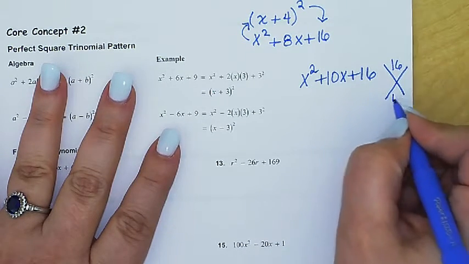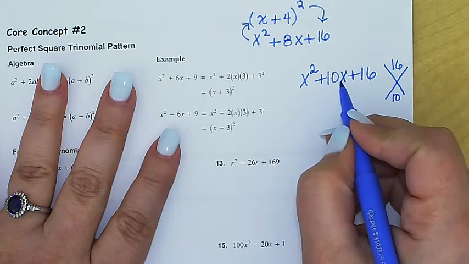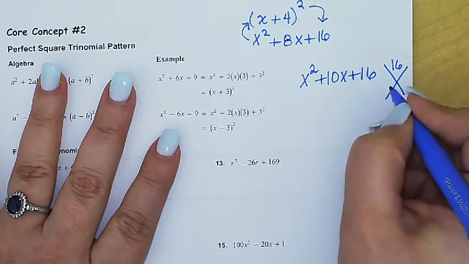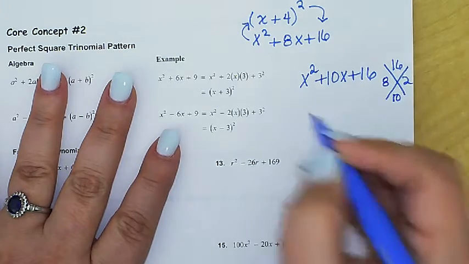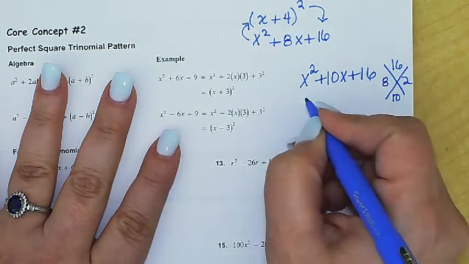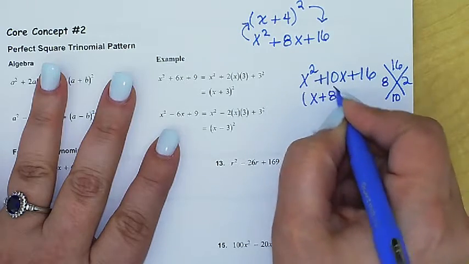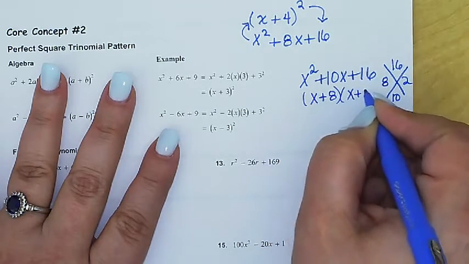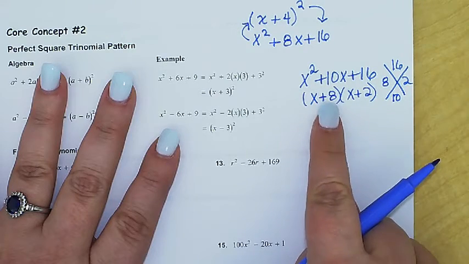But the numbers that multiply to 16 but add up to 10 are 8 and 2. And so the two factors that made this are x plus 8 and x plus 2. That is not a perfect square. That is not the same thing times itself.